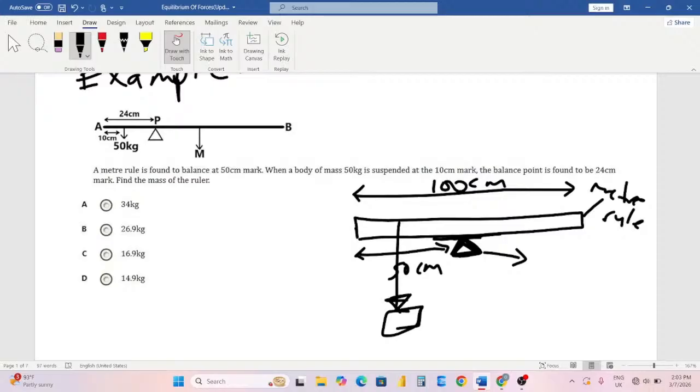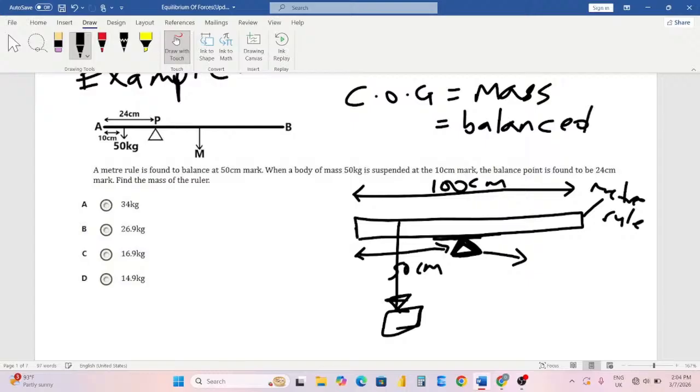Center of gravity, let's call it COG, is where the mass of the object is felt. It's also where the object can be balanced on whatever support you are trying to put it on. Okay, I think that summarizes the importance of the center of gravity, and it's usually located at the middle or the center of the object.